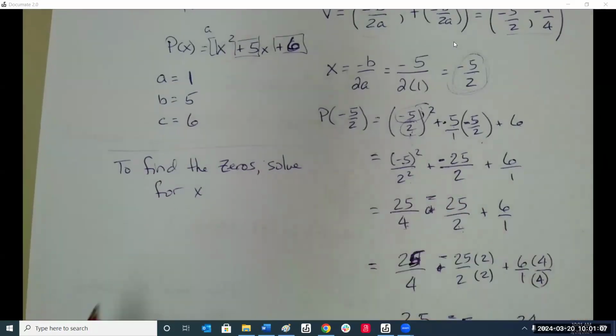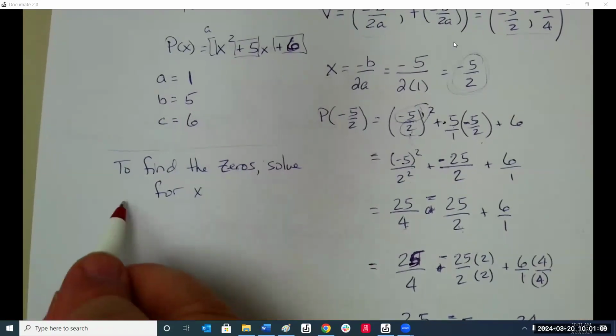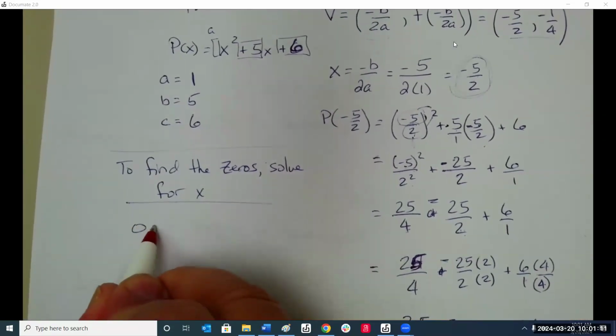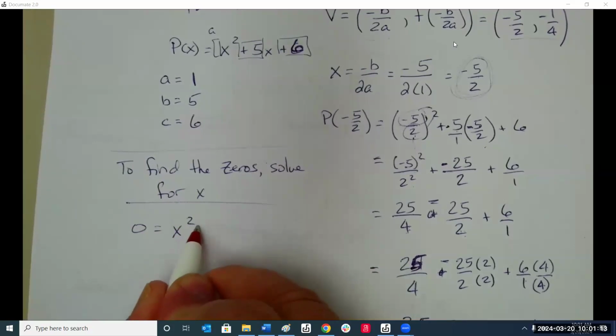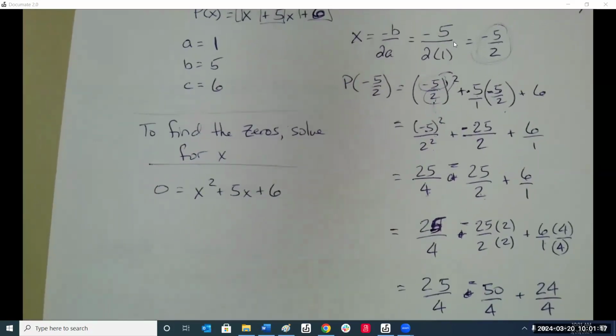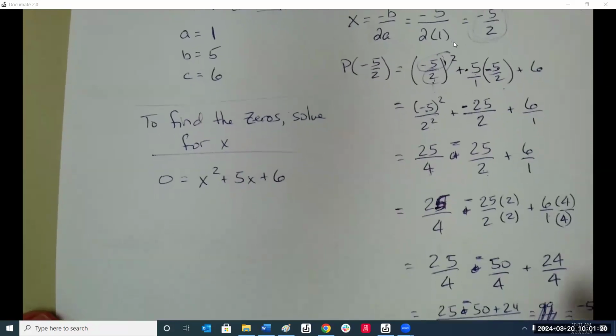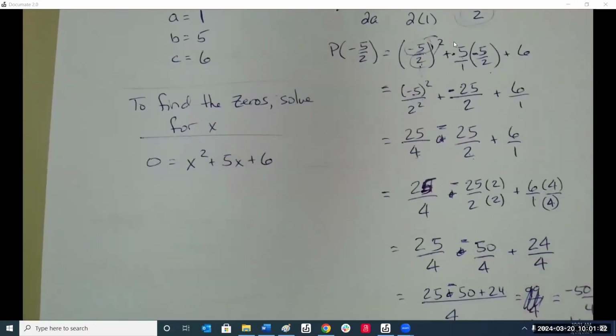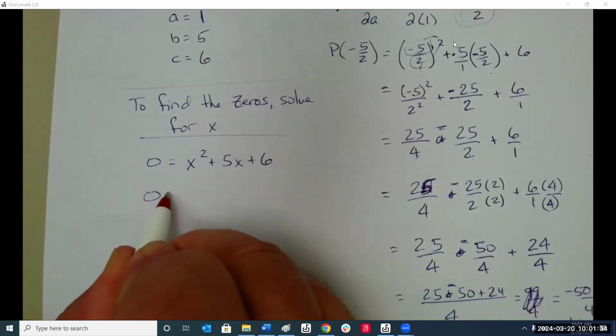In other words, set y equal to 0 and solve for x. So we have 0 equals x squared plus 5x plus 6. Last chapter, we learned 3 methods: complete the square, graphing, and quadratic formula. Actually, factoring, 4 methods. So let's try factoring first.